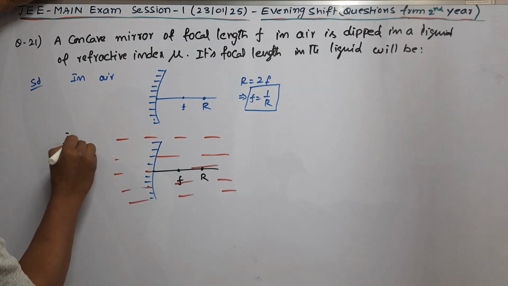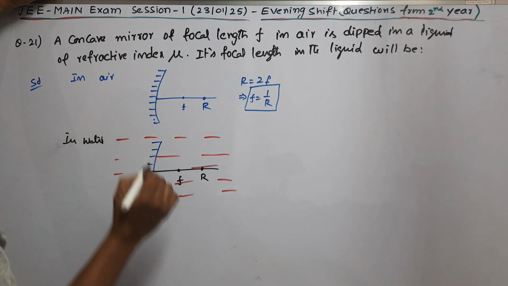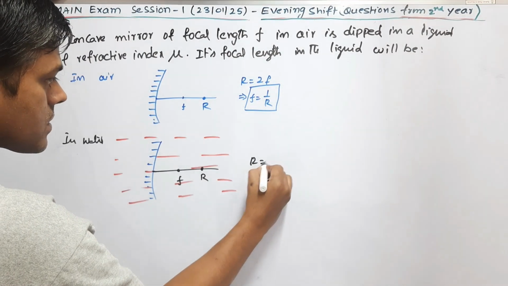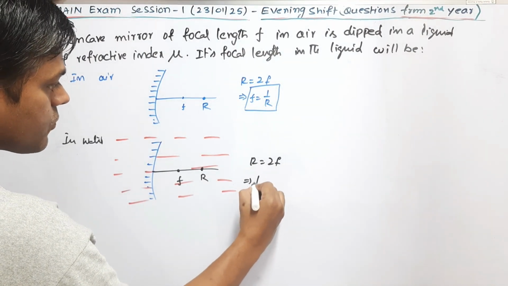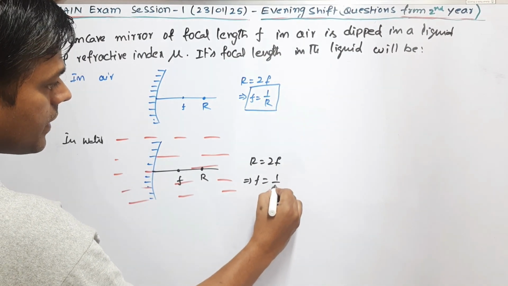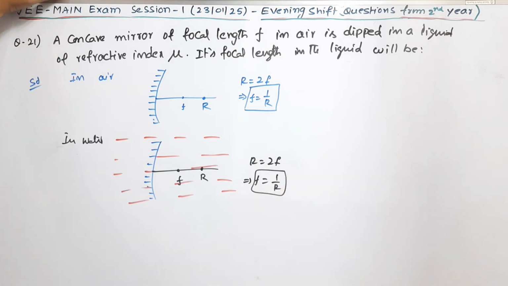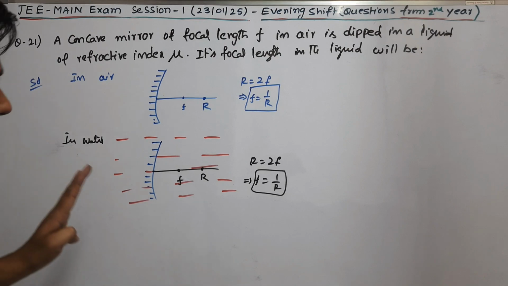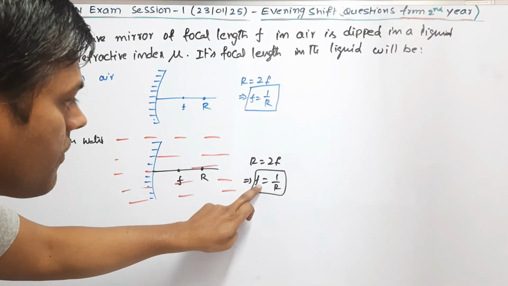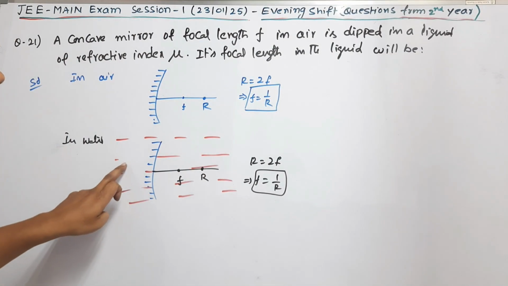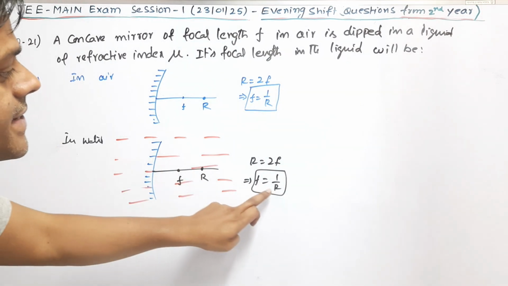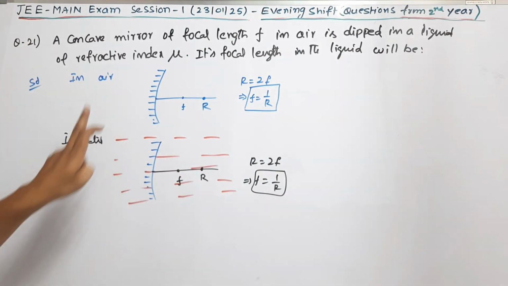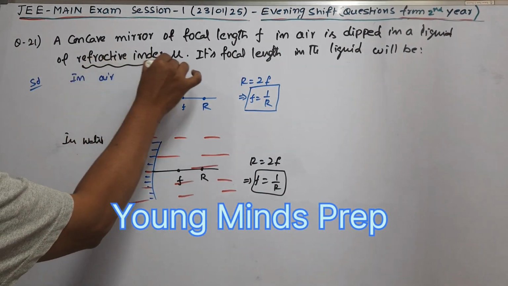This is in water. R is equal to 2f, so focal length is R by 2. That means the focal length of a mirror depends only on its radius of curvature, but not on its refractive index.